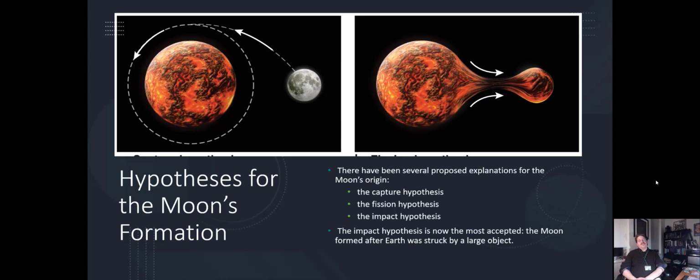The moon's mass is significantly more significant relative to its host planet than in any other system. Ganymede's mass, for example, is nothing in comparison to Jupiter's mass. So the question becomes, how did it get there?